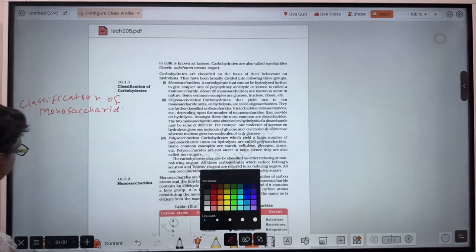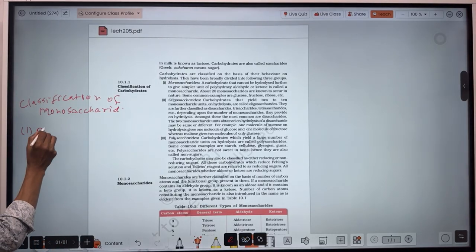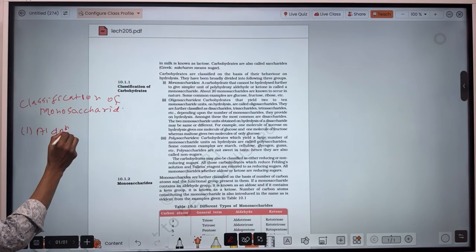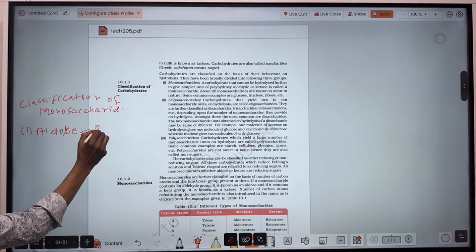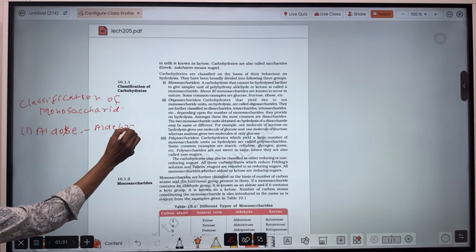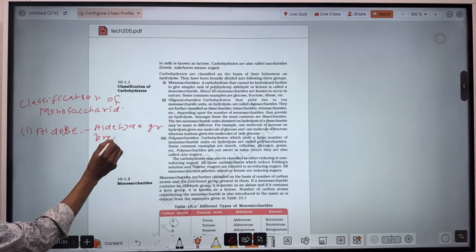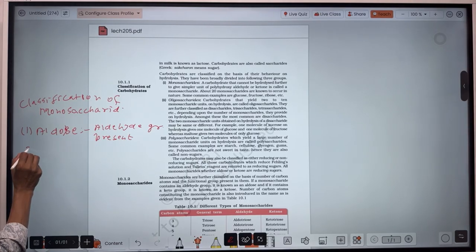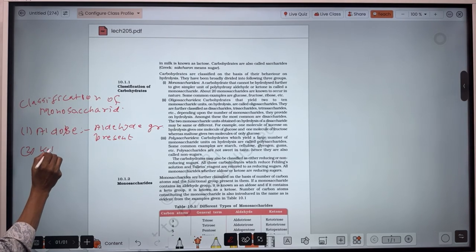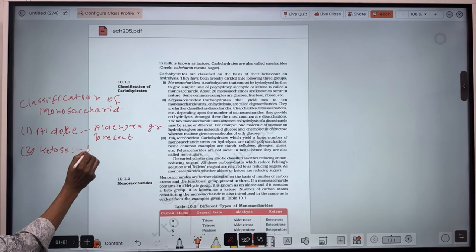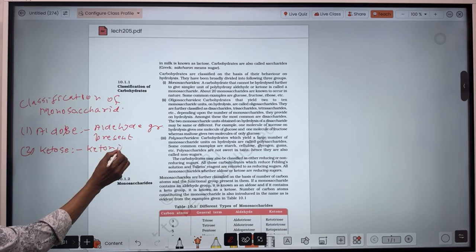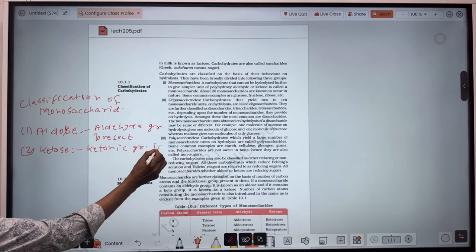So monosaccharide is firstly classified into aldose, that means an aldehyde group will be present, and the second one is ketose. In ketose, a ketonic group is present.